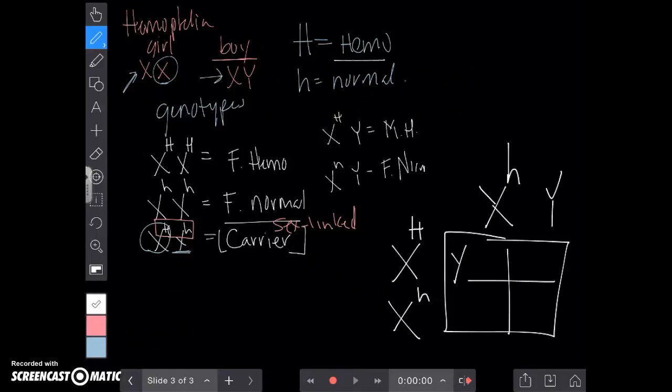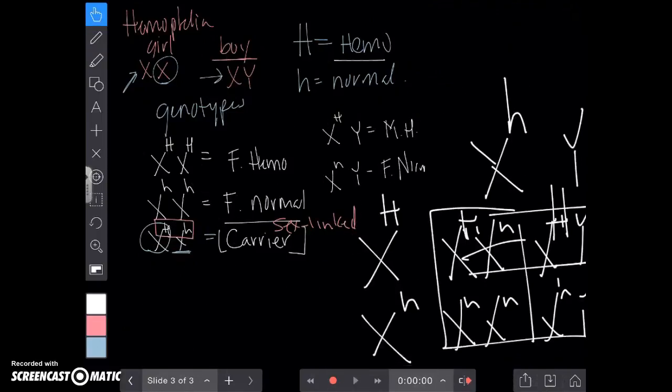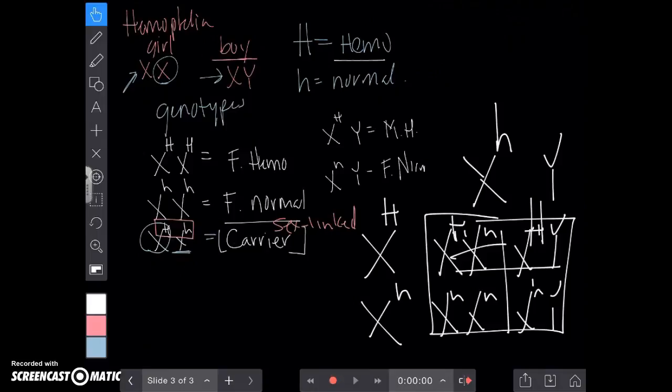So if I go through and do my Punnett square, what are the chances of my boys suffering from this disease?